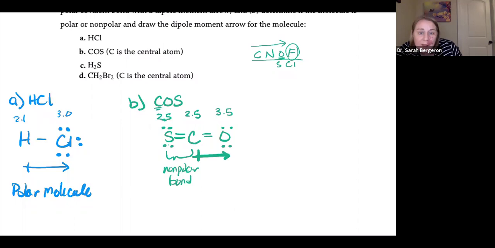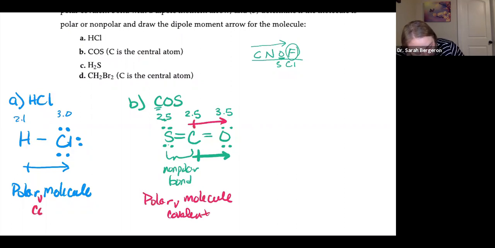I'm going to put a plus sign by the carbon. So I have one bond that's nonpolar, and I have one bond that's polar. So if I'm going to draw my overall molecule polarity, it's actually the same for this one as the bond because there's only one bond that has polarity. But that makes this a polar molecule. And these are both polar covalent.